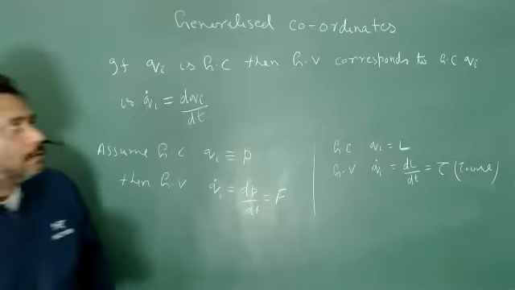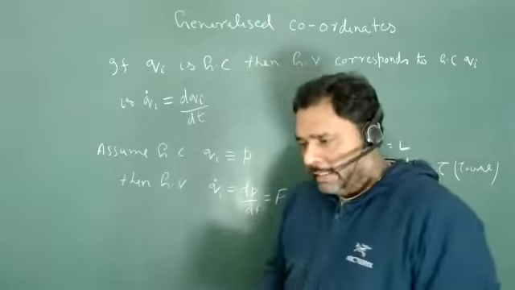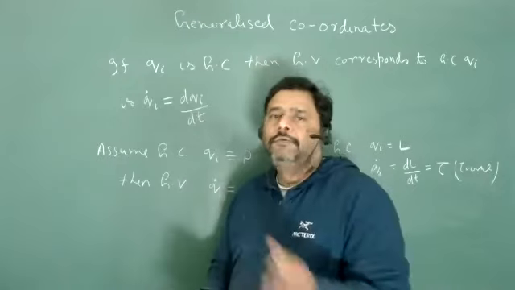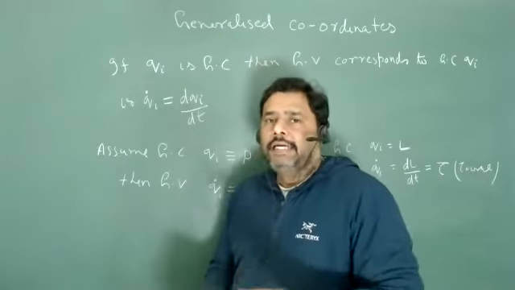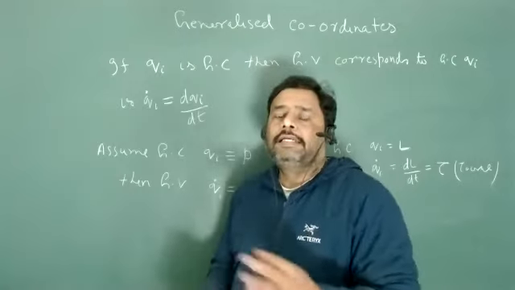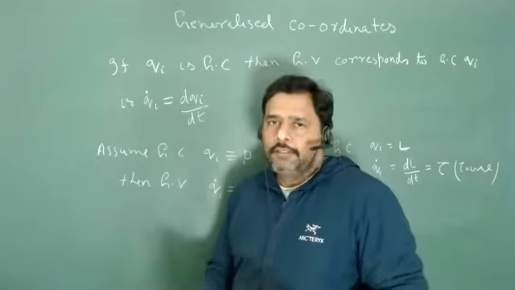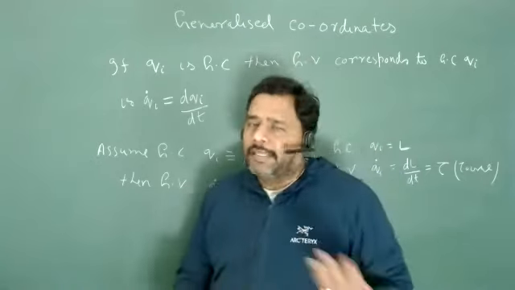Okay. So let's go for 3 types of coordinate systems. I think you know all these coordinate systems, but we have to revise them because it is very important for the next classes. Mainly the Cartesian coordinate, cylindrical coordinate, and spherical coordinate.